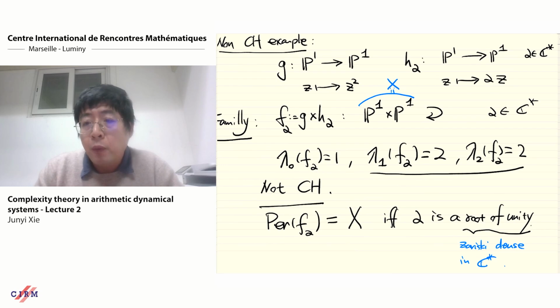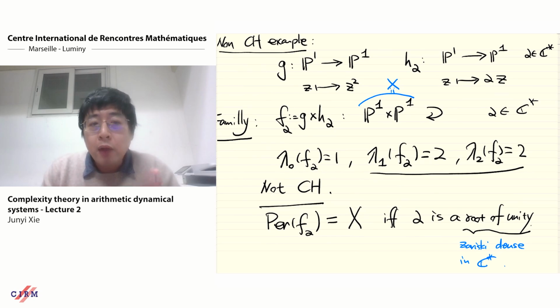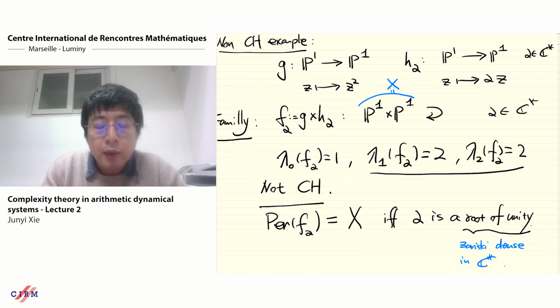It depends on one parameter alpha in C star, and the map sends z to alpha z. Now you take the product of G and H_alpha, and you get F_alpha. So it's a family of endomorphisms from P1 times P1 to itself. Okay. So our X is just this P1 times P1.